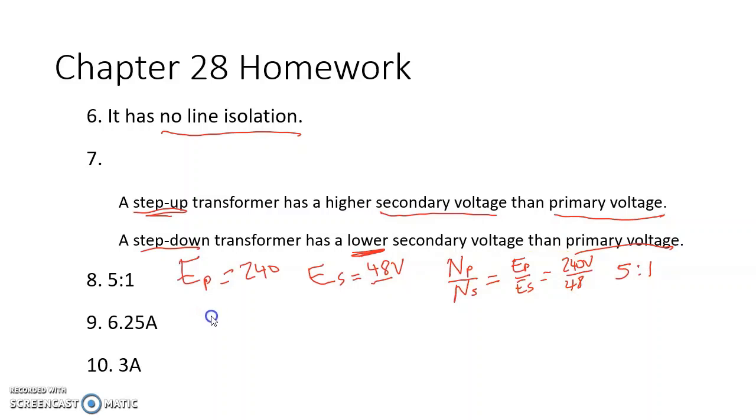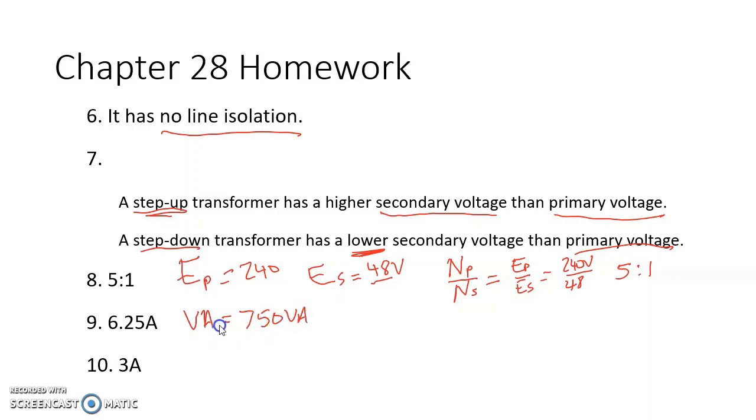Number 9, a transformer has an output of 750 volt amps. The primary voltage is 120 volts. What is the primary current? We know with transformers, power in equals power out, so volt amps in equals volt amps out. With this transformer, we have an output of 750 volt amps.